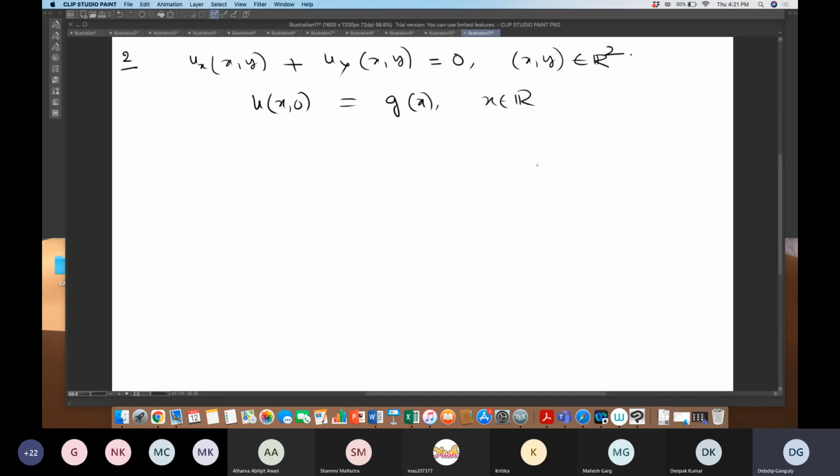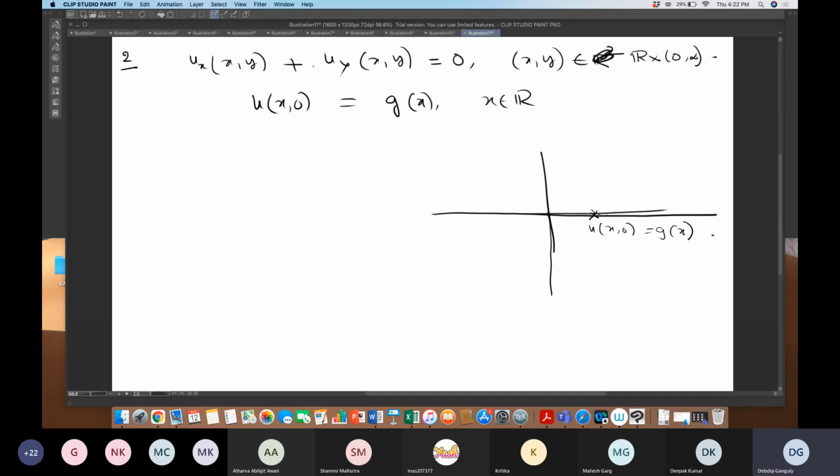Now we want to solve this PDE everywhere. Here u(x,0) is equal to g(x). Who will solve this? Let's say (x,y) is in R cross (0, infinity). Okay.